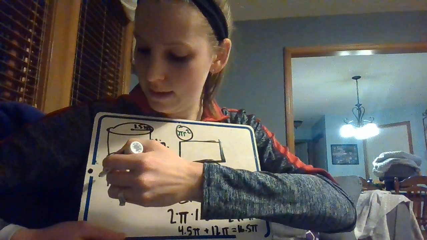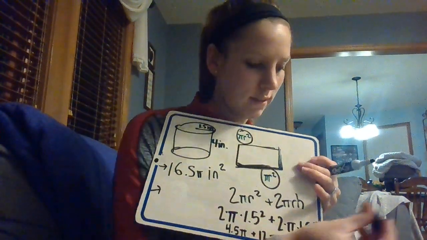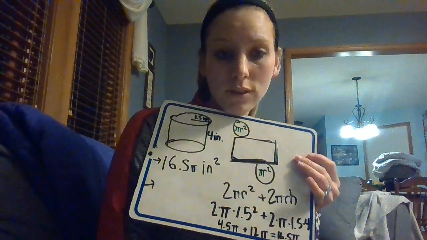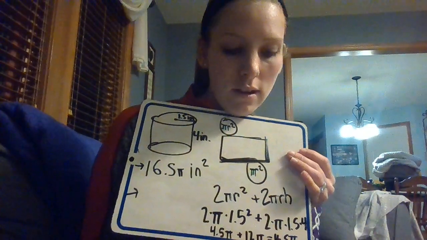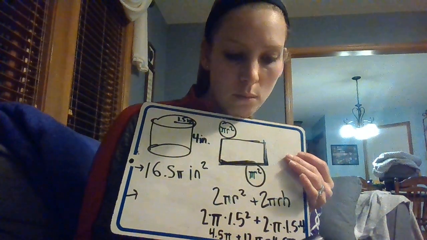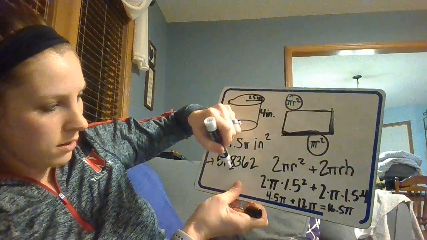So here's the exact. If they wanted an estimate, I would have to do 16.5 times pi using the pi button, or 16.5 times 3.14. I would accept either. And when I do that, I get 51.8362, and it keeps going. And typically, we're going to round that to the nearest tenth or hundredth. Today, we'll round to the nearest tenth. So on this one, my 8 looks at my 3.